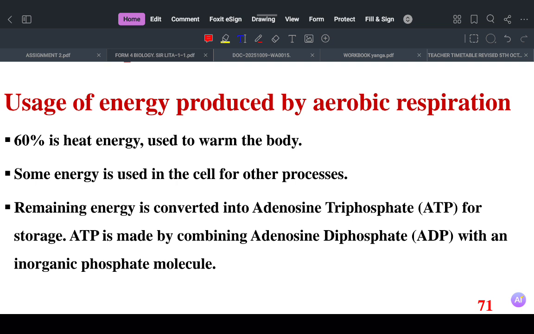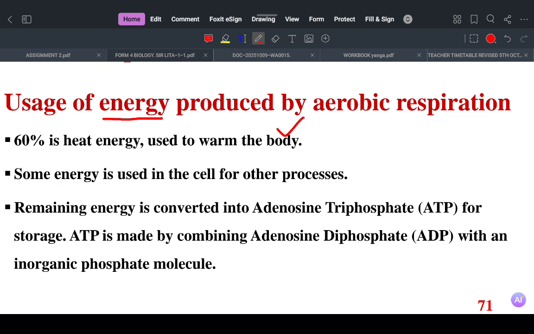All right, so continue looking at use of energy produced by aerobic respiration. We just said that the main product of aerobic respiration is energy. So where does this energy go? Okay, 60% of the energy that is produced is used to warm your body, to keep your body temperature constant.